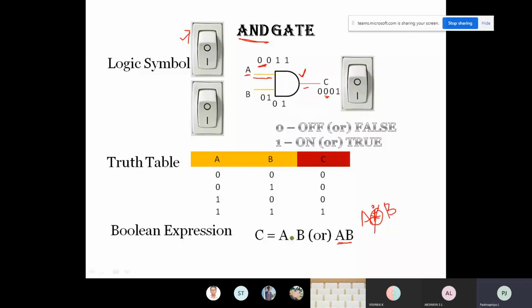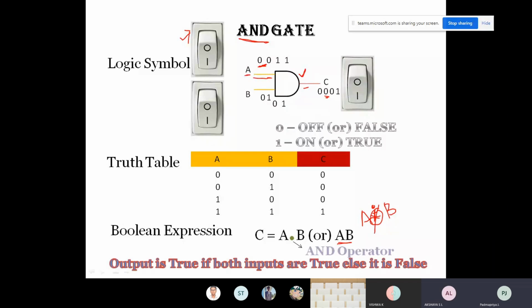For the AND operator, the output will be true if both inputs are true, else it is false. This is the main concept you have to keep in mind: the output is true only when both the inputs are true.